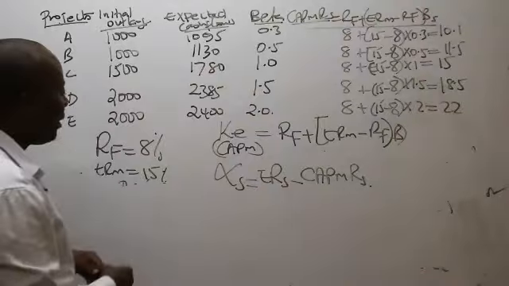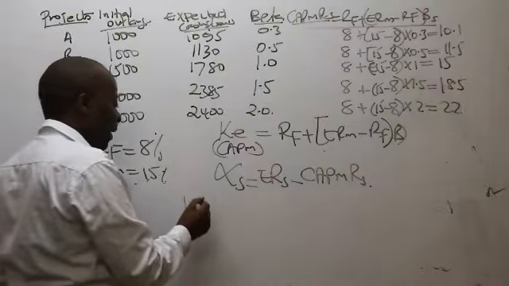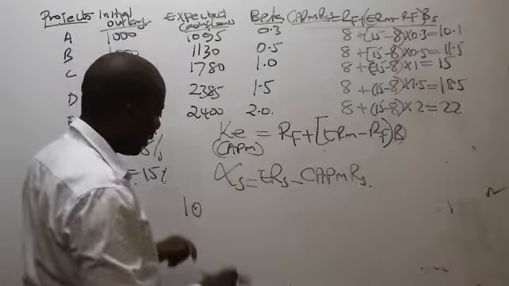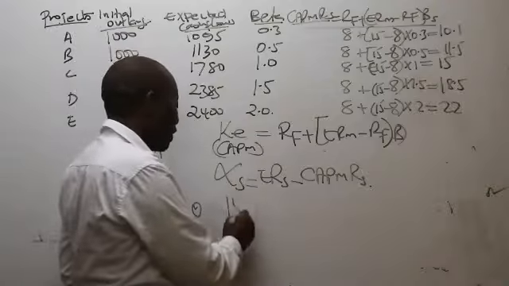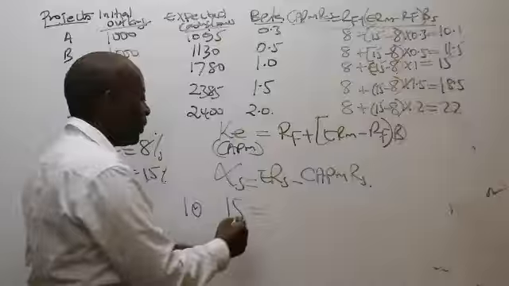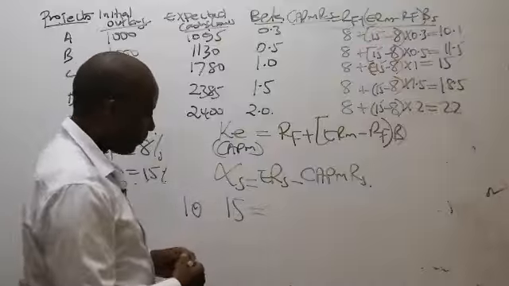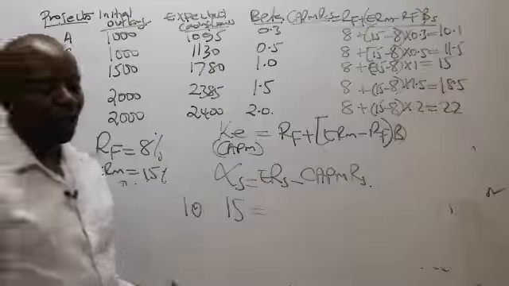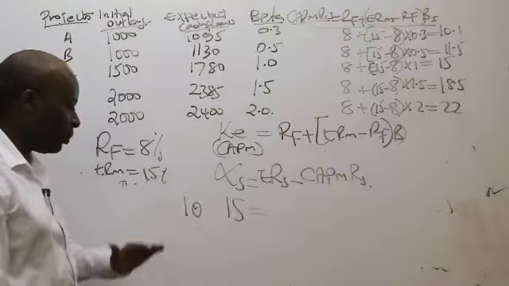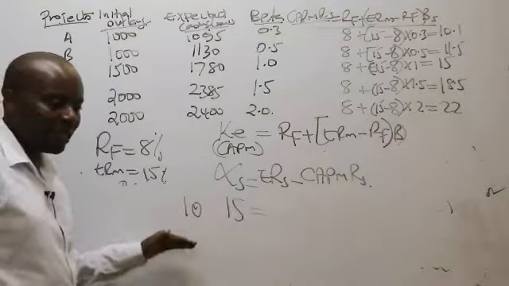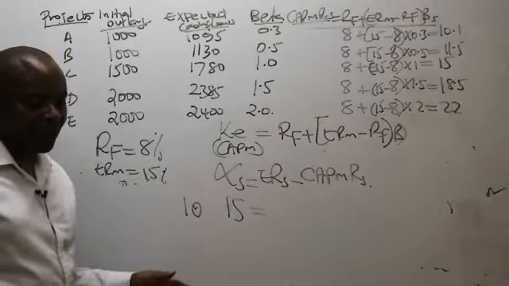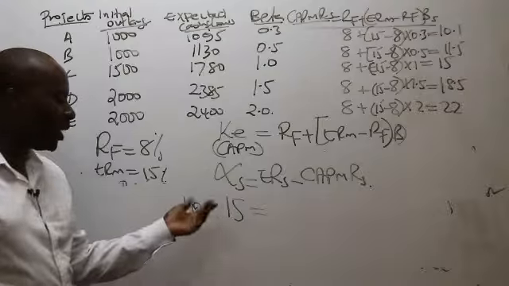Now, ladies and gentlemen, if today you buy a loaf of bread for 10 bob, and then tomorrow you sell this loaf of bread for 15, what is your profit percentage in this case? You bought the bread for 10, but you've sold it for 15. So the profit alone is 5.